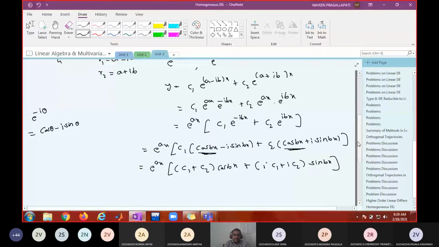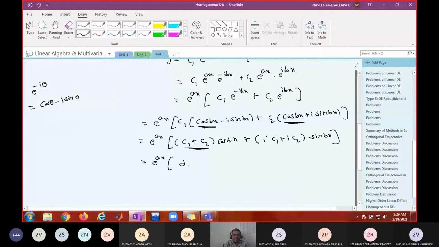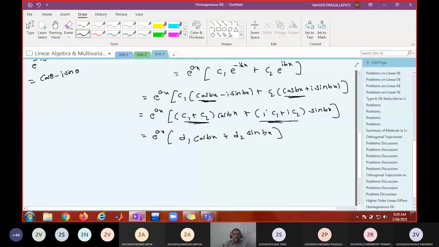So you may consider C1 plus C2 as one arbitrary constant, call this D1, D1 cos bx, plus you may consider the other as some other arbitrary constant, say D2 sin bx, where D1 and D2 are arbitrary constants.